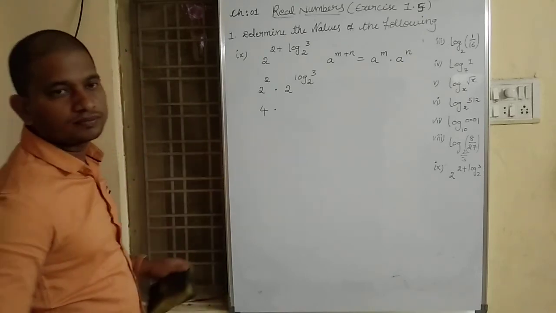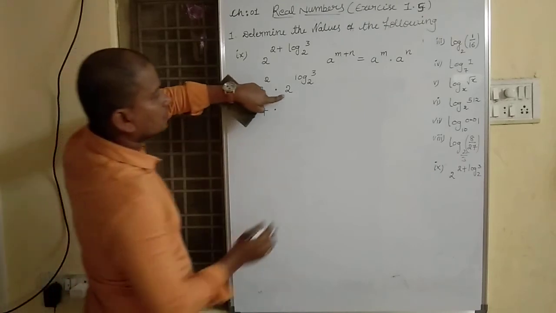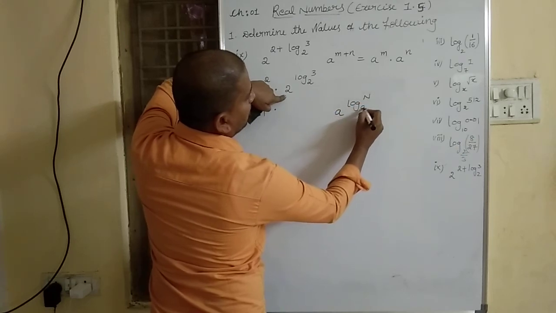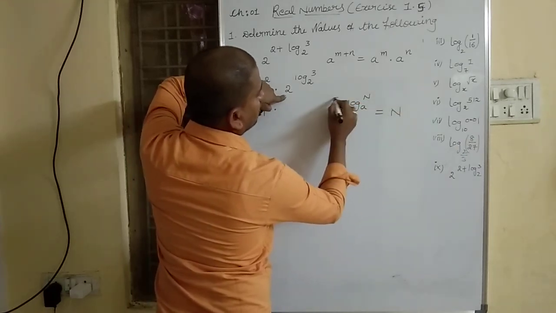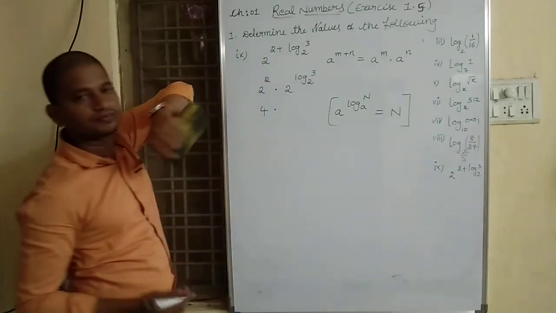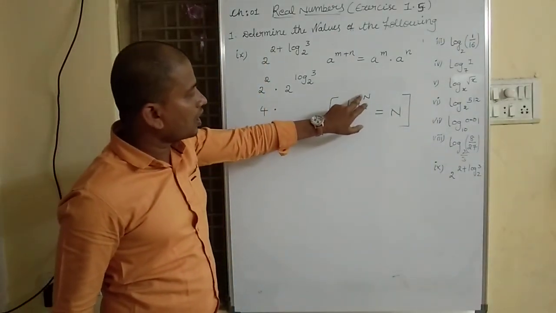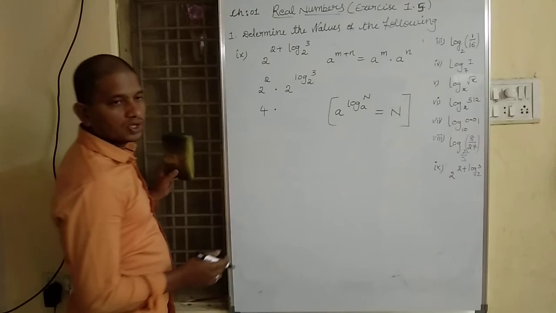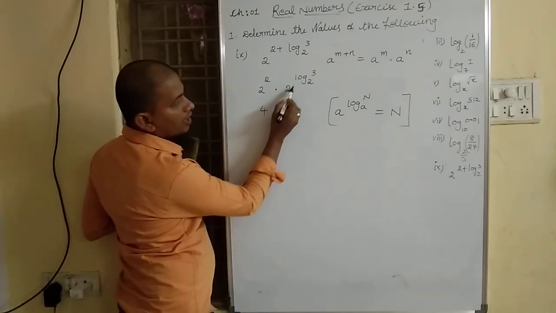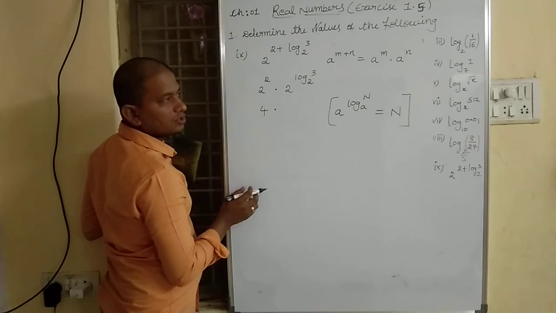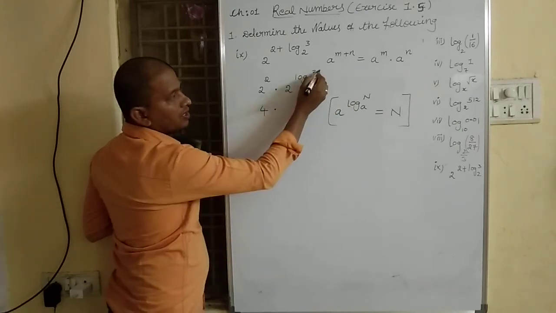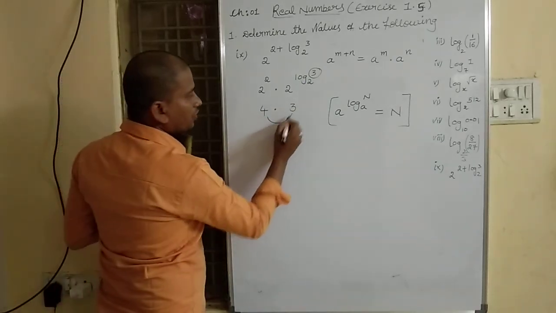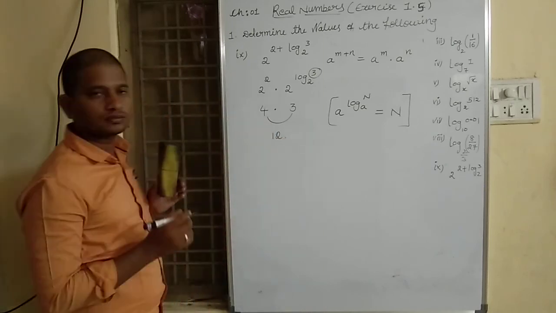We have one property of logarithms: a power log n to the base a is equal to n. That is the law of logarithms. This is in the form of a power log n base a, whose value is n. Our n value is 3 here. So that is 4 into 3, and 4 3s are 12.